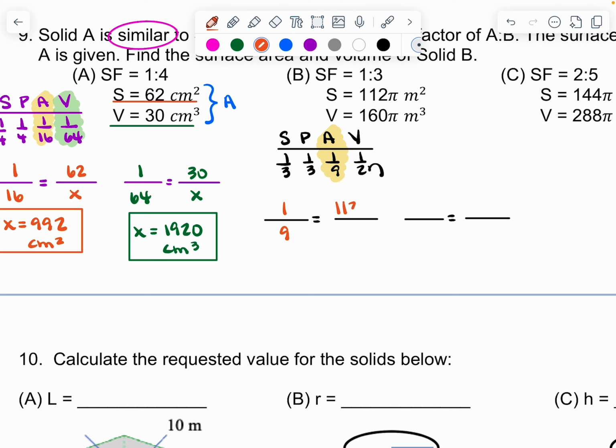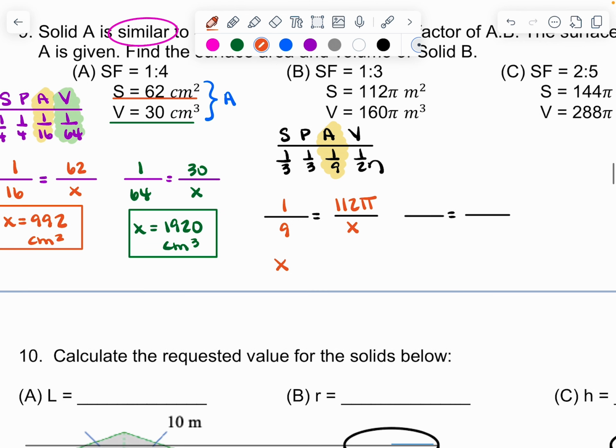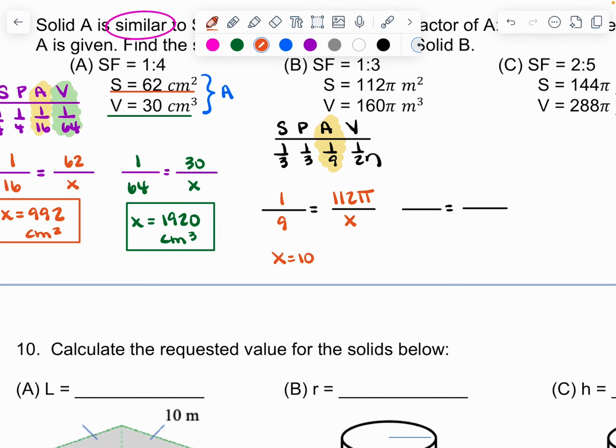And they're telling me that the surface area, again, this is all A information, so I'm going to put that in the numerator. So 112 pi over x. So I'm just going to multiply 112 times 9, which gives me 1008 square meters. Sorry about that.